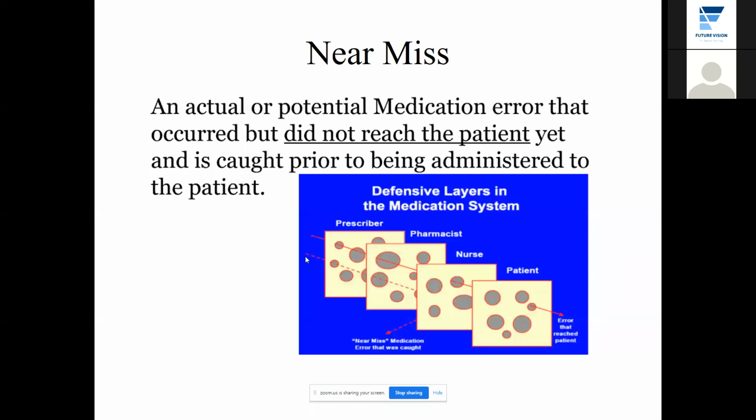Almost an error, not an error. يعني كان الخطأ سيقع ولكن فجأة تم إنقاذ المريض. كان الخطأ يعني رح يوقع عند المريض وفجأة we stop it نتيجة وعي حدا من الأشخاص أو whatever كان موجود. هاي بنسميها near miss.